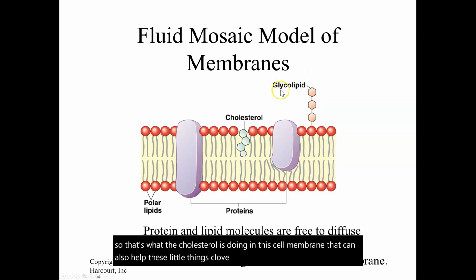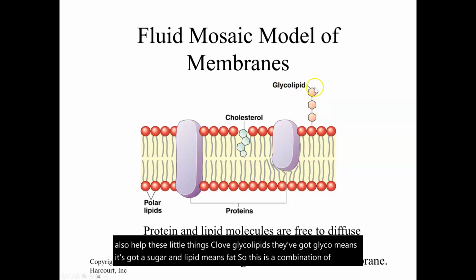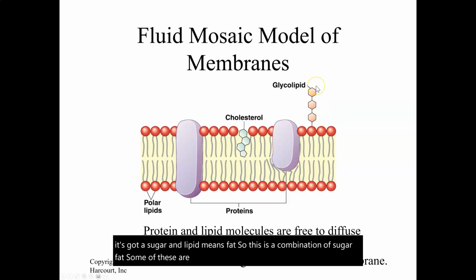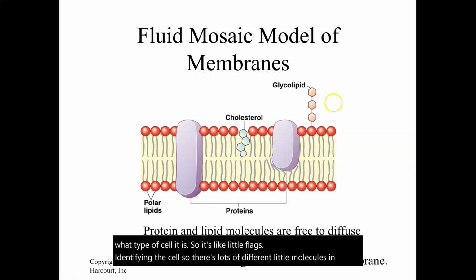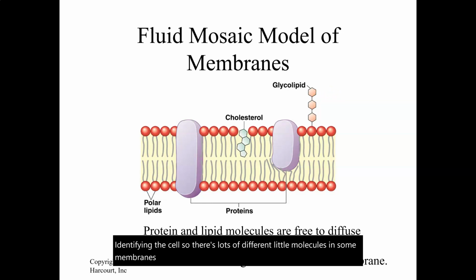Glyco means it's got sugar, and lipid means fat. So this is a combination of sugar and fat. Some of these are like little flags on your cells to tell other cells what type of cell it is. So it's like little flags identifying the cell. So there's lots of different little molecules in these cell membranes that do a lot of work.